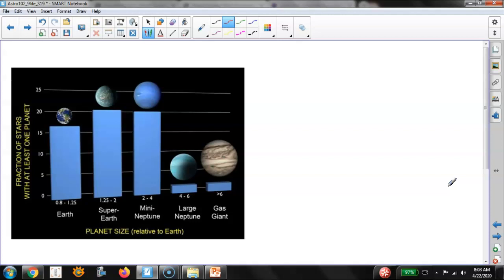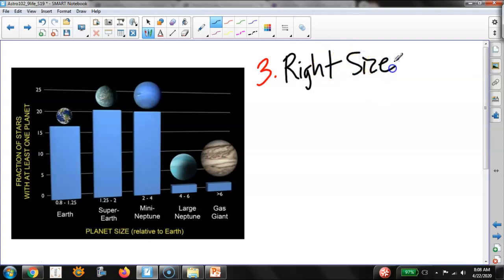Okay, so back to our notes here. We have so far two criteria: a stable circular orbit, and it's in the habitable or Goldilocks zone. The third criteria here is that the planet is the right size. This is pretty important. Just think about our own solar system.